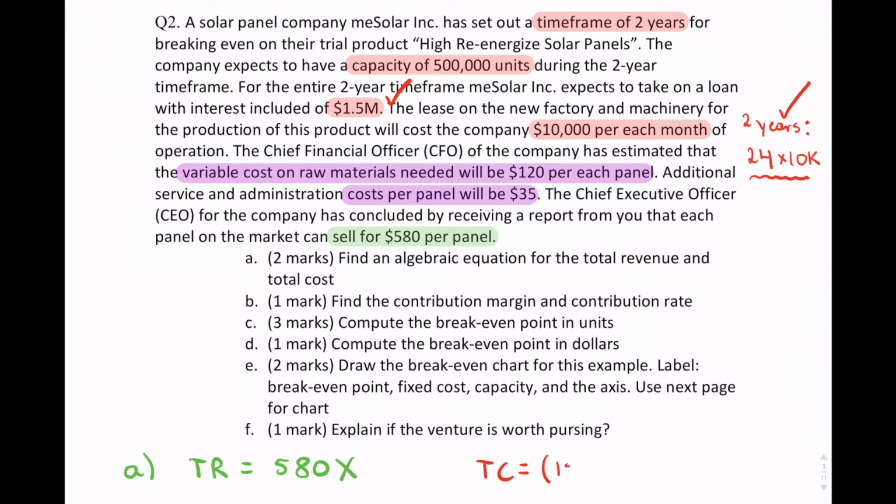So this is 1.5 million, plus the 24 times 10,000 that we have to take into account. When you multiply that, 24 times 10 is 240. So that is our fixed cost.